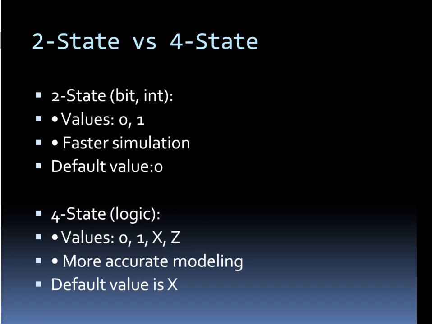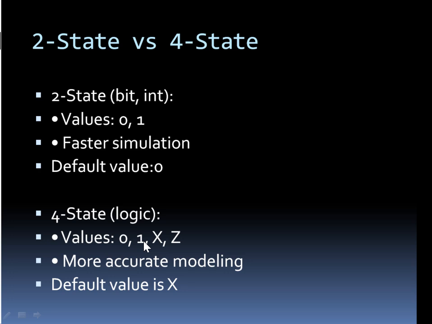So let's see the difference between 2-state and 4-state variables. For 2-state, we have already seen the different data types. They can take the values 0 and 1. In case of the 4-state data type, we use the keyword logic and the values are 0, 1, X and Z. Okay. What is the use of this 4-state logic? It is more accurate in modeling.